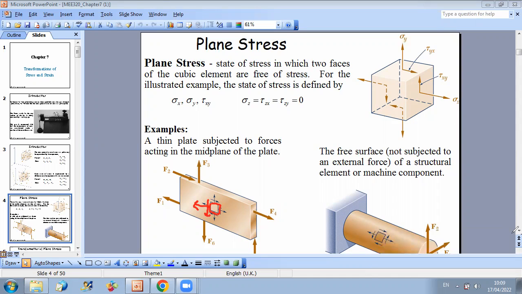Also, whenever we have a free surface of a structural element or machine component that is not subjected to external force, we can say that it's subjected to plane stress. So any free surface not exposed to external forces can be treated as a plane stress case.